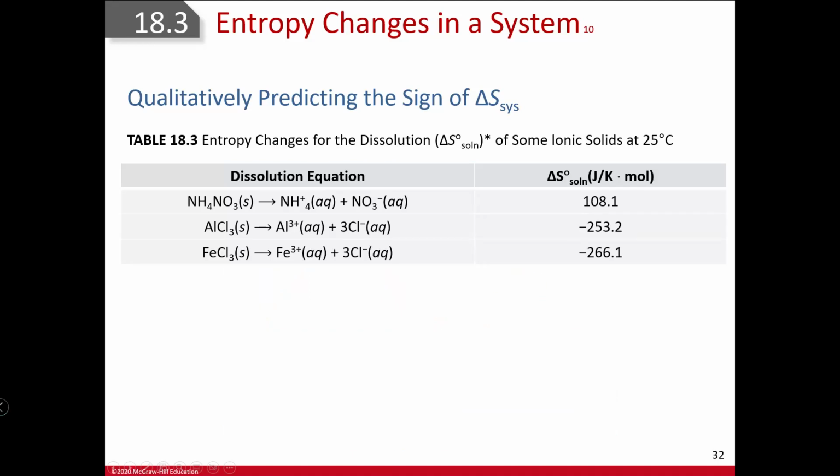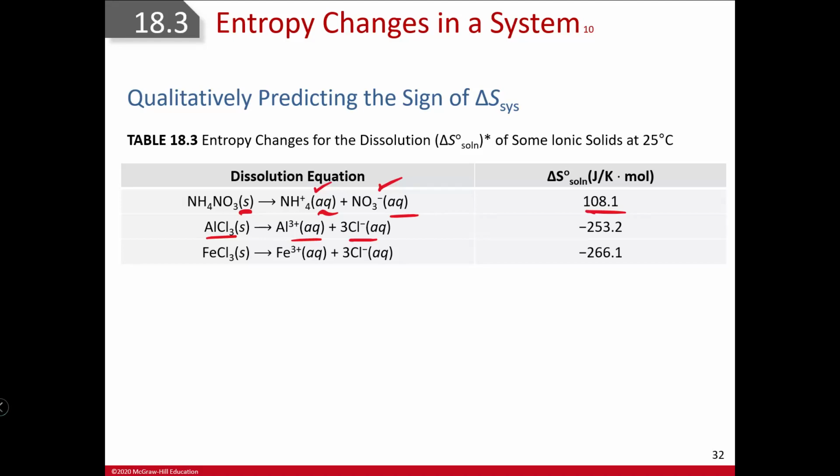Here's some other examples, and I would expect you to be able to look at that first one and go, oh yeah, that's definitely going to be a positive entropy change. And the reason why is because you're going from a solid to aqueous, which means these ions are distributed throughout the water. And so that's going to be a positive entropy change. This one, you would think that that would be a positive entropy change as well.